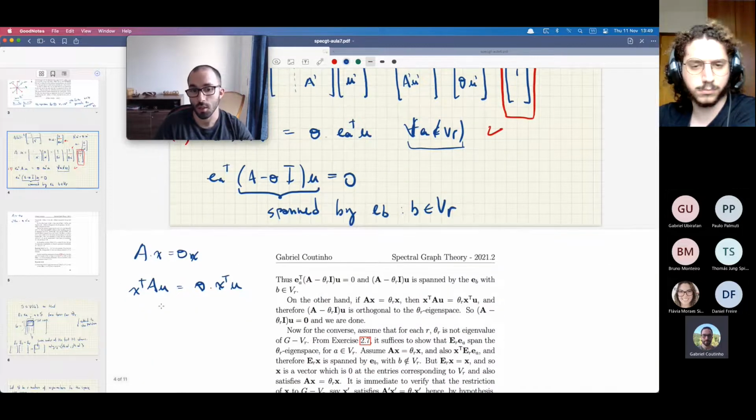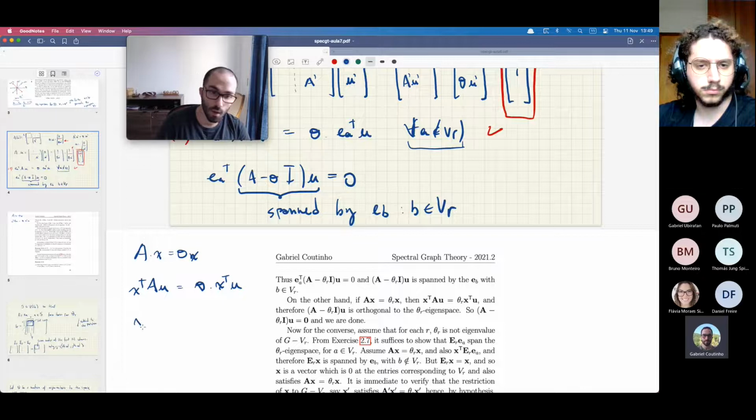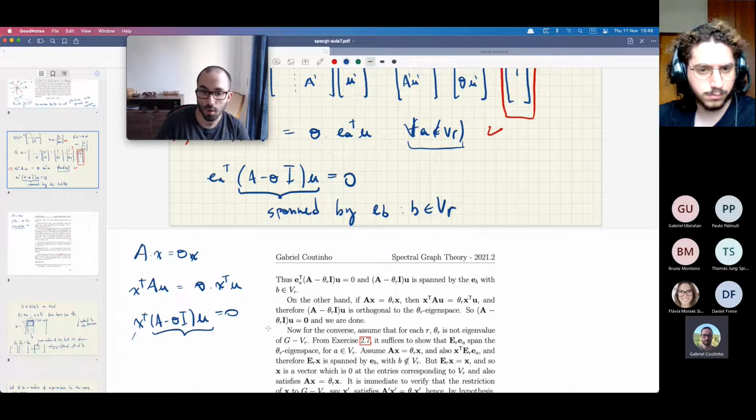So the conclusion is that x transpose times A minus theta I times U is also equal to 0 if x belongs to the theta eigenspace. So this vector is orthogonal to the theta eigenspace.